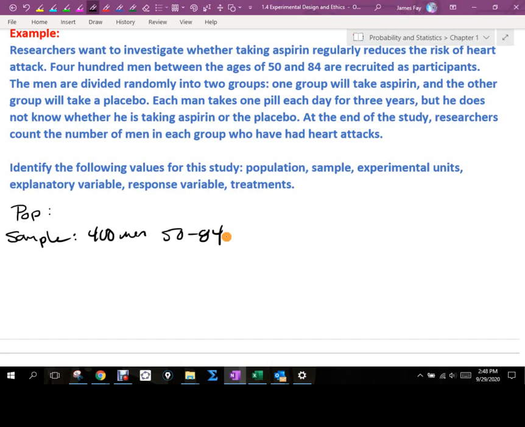Some adults might be 30, some might be 25, some adults might be 102. So our sample needs to be characteristic of the population we're interested in. So that's probably what we're looking at: men from 50 to 84. Now the next one says, what are your experimental units?